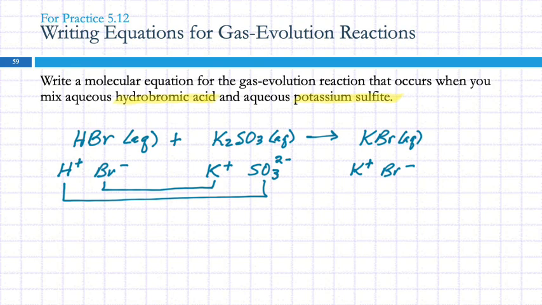You can use the solubility rules if you need to. And then we've got H plus and SO3 2-. So this 2- charge tells me I need 2 hydrogens, so this is going to be H2SO3. That's an acid. That's aqueous.